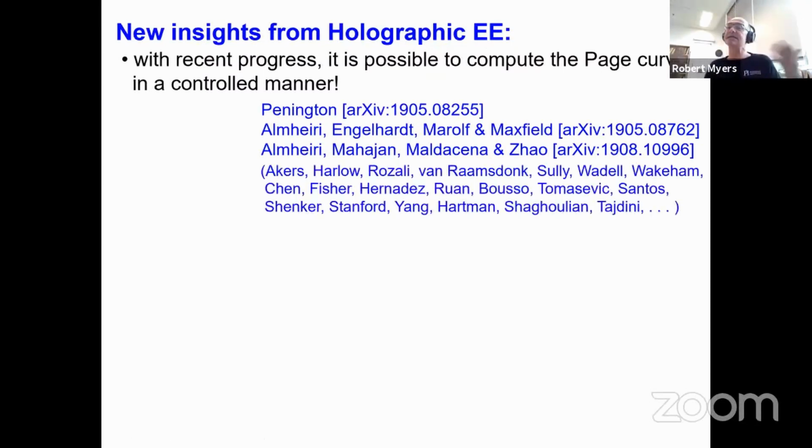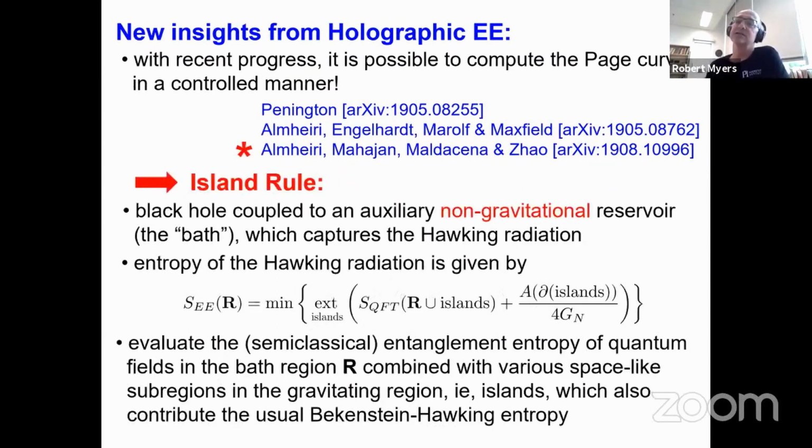Of course, since then, there have been dozens of papers on this topic, investigating various aspects of it. And so this is only a partial list of the people who have continued to contribute to this progress. But I'm really going to focus on this last paper here, or I'm going to summarize their result.